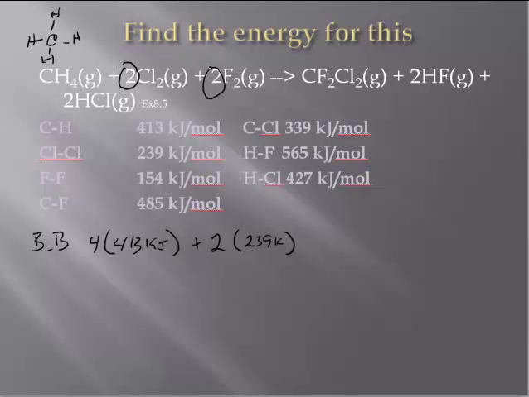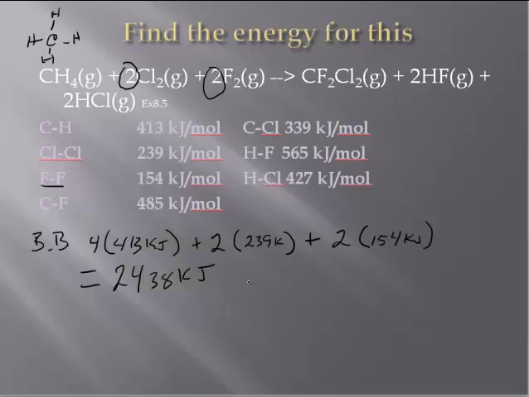I'm going to break 2 fluorines, right? So 2 times, what's a fluorine bond right here? It's 154 kilojoules. So I add that all up and I get a value of 2,438 kilojoules. So those are the bonds broken.